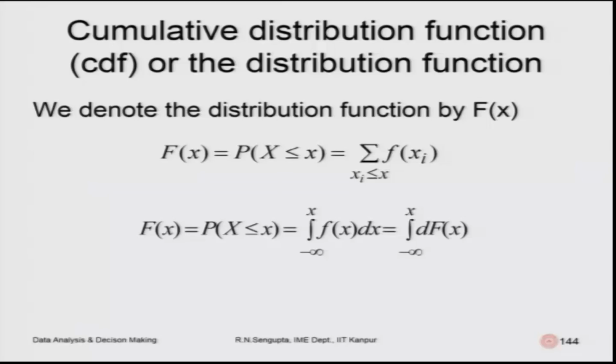The cumulative distribution function, the CDF. We denote the distribution function by capital F of x, where you have the probability of x less than equal to x, given by the summation of all the values for x till that value.